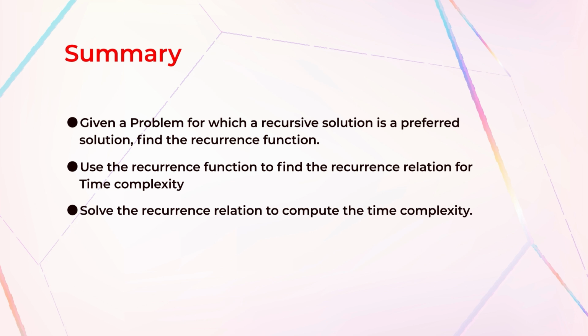For example, if I want to sort using merge sort, suppose I have n numbers, I'll divide them into two groups. Or let's take the example of binary search. If I want to search for a particular number among n numbers, I'll try to match it with the middle number.